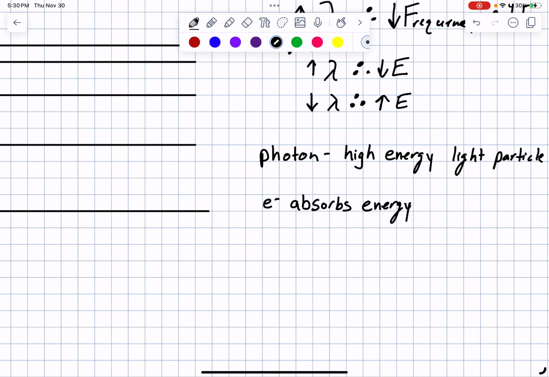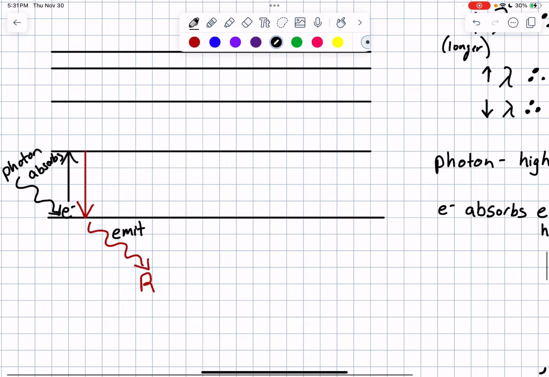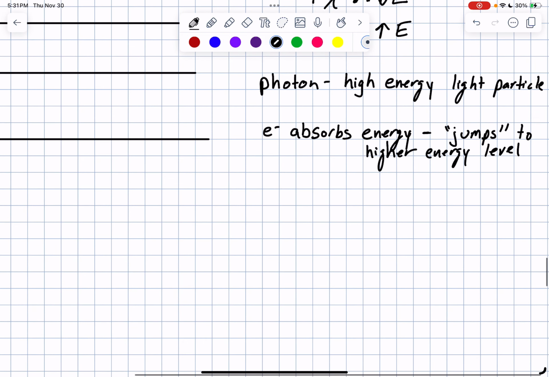So when it absorbs energy, our electron jumps to a higher energy level. And the reason why we say jumps is because that's exactly what it does. An electron in this case is either on the first energy level or on the second energy level. It's never in between, and so that's very important.